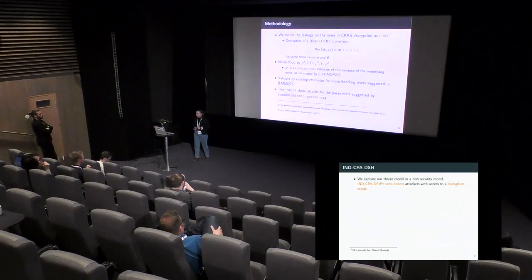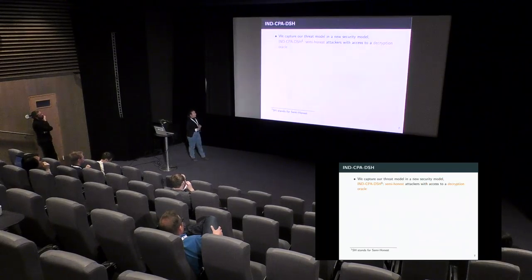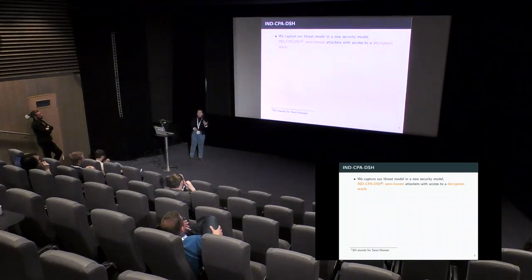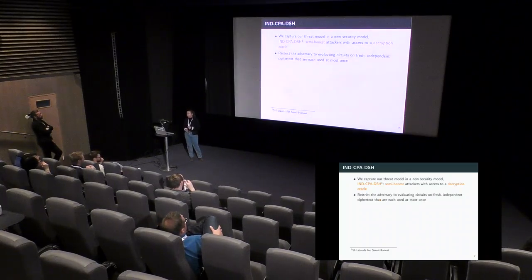homomorphicencryption.org. We also capture our threat model in a new security model that we call NCPA-DSH. Remember that the LM21 paper proposed NCPA-D, so we add an SH, where the SH stands for semi-honest, and here we aim to capture all semi-honest attackers with access to a restricted decryption oracle.